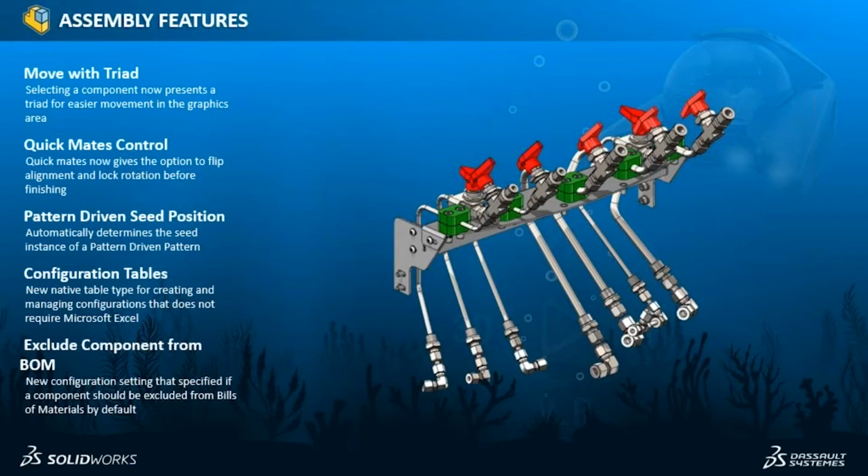Okay. The next one is pattern-driven seed position. Now, I had needed this one in the past. It's been a while, but I wish this was out about 5 years ago when I needed it. The idea here is that wherever that seed is, the pattern propagates from that seed. If I move the seed, the pattern updates.